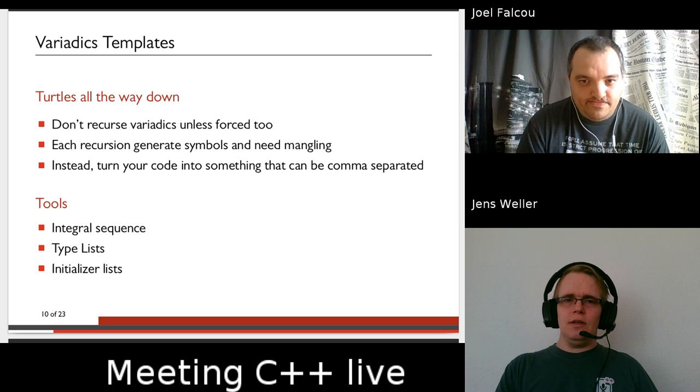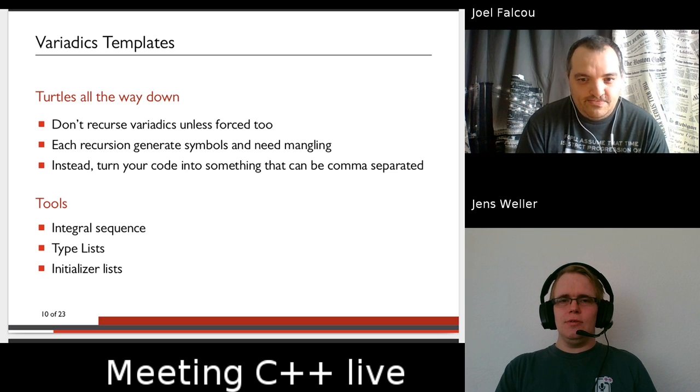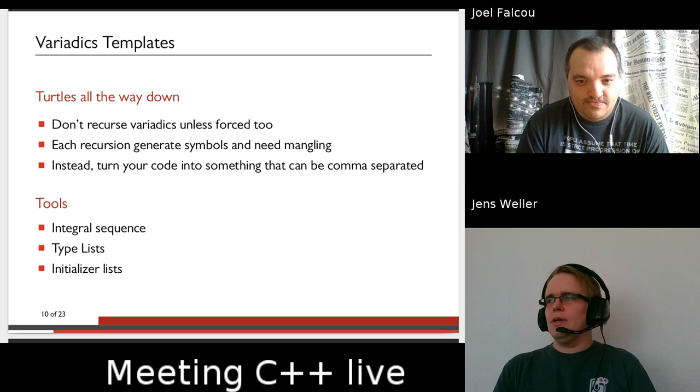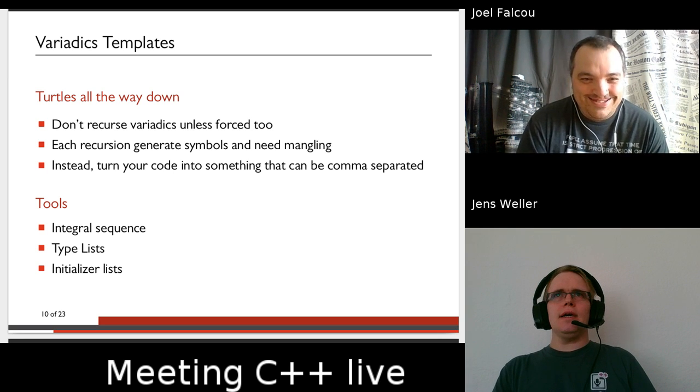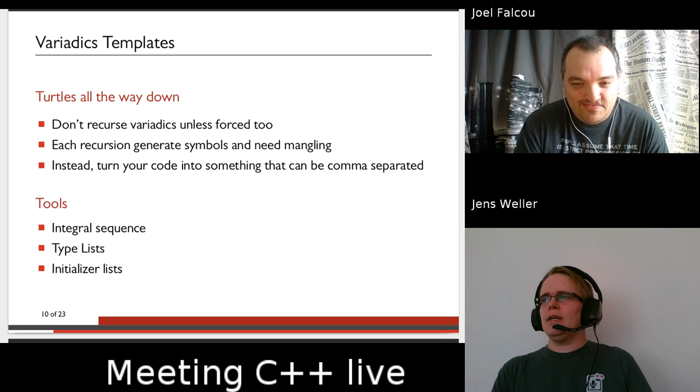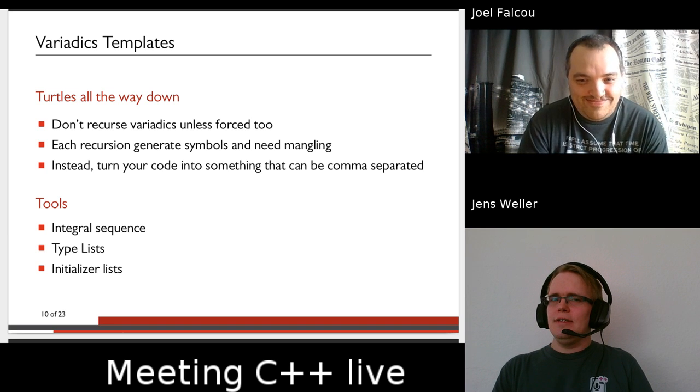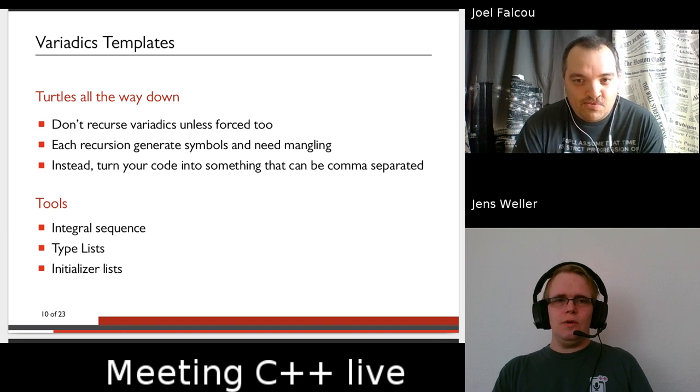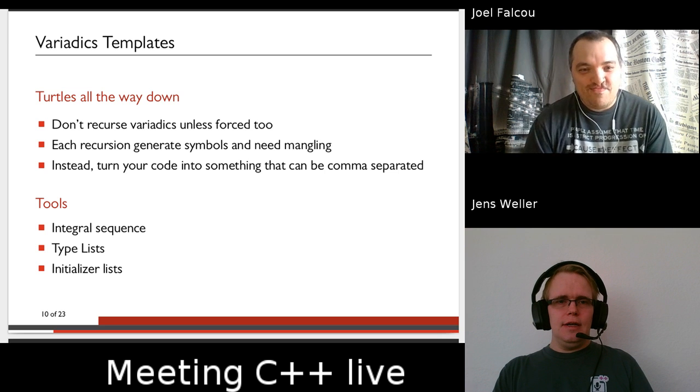Yeah. And then you say you turn it into code that can be comma separated. Yes. And this sounds so logical, like, oh yeah, let's just code comma separated. But actually, how does that work? That took me quite a while to understand.